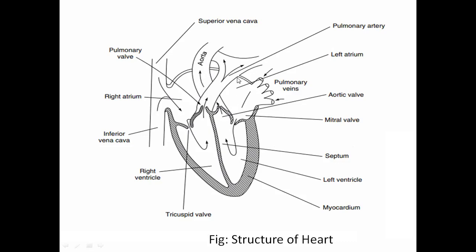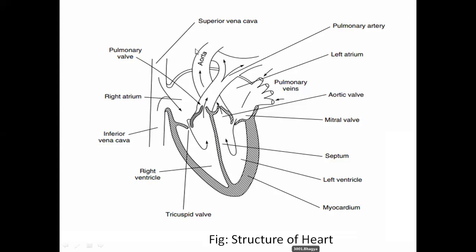When the figure shows that, it is like observing someone else's heart: his left is our right, and our left is his right. Like that we observe the figure of the heart.